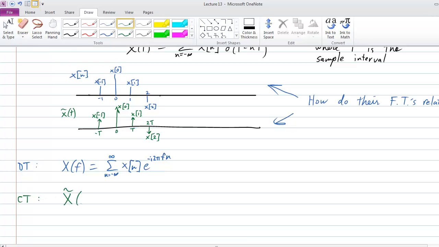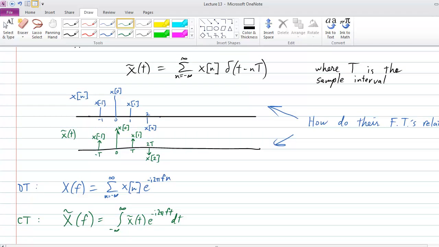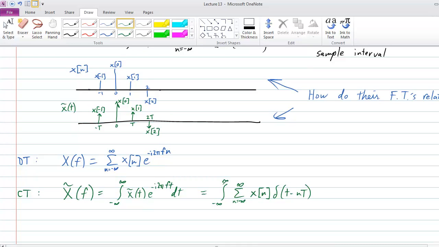X tilde of f equals the integral from negative infinity to infinity of x tilde of t times the complex exponential. And let's plug in our definition. Notice up here we have the definition for x tilde. So put in that definition there, and then we'll finish off the integral part.